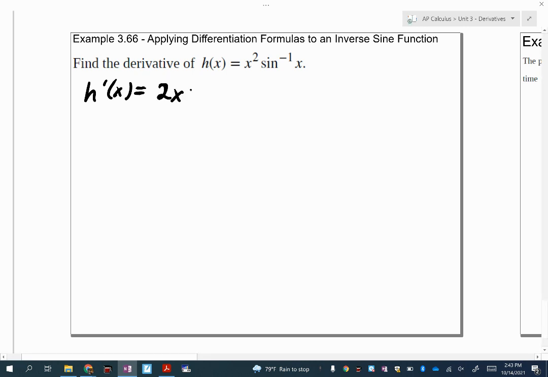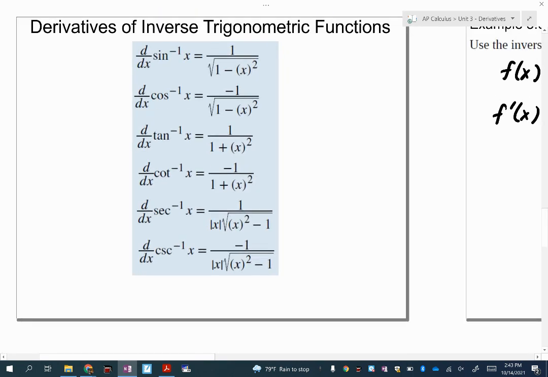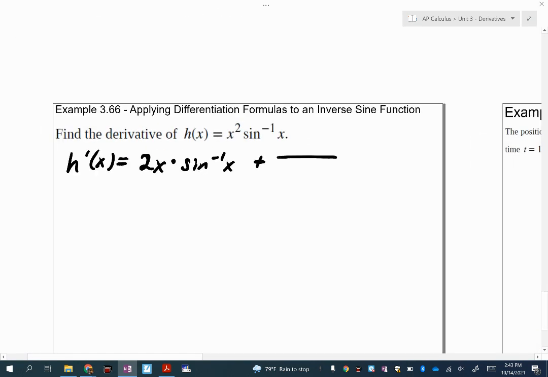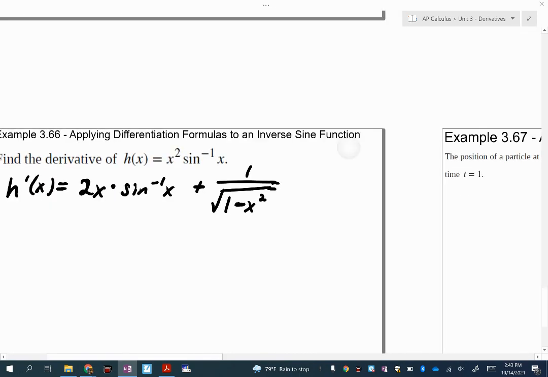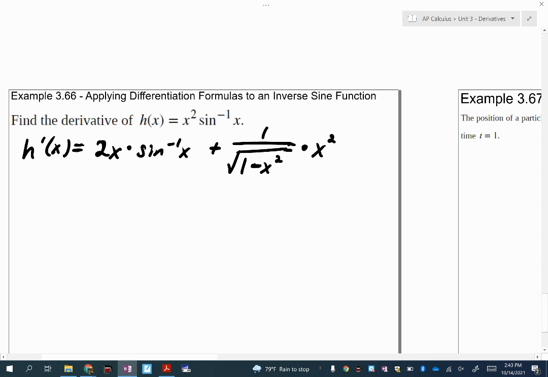So 2x times the inverse sine function, plus the derivative of the inverse sine function, which we know from our formula sheet, is 1 over the square root of 1 minus the argument squared. In this case, the argument is just x. Good. And then times the original first function, which is x squared.